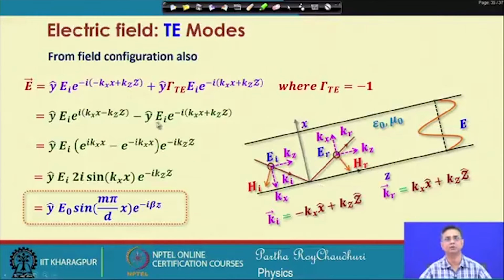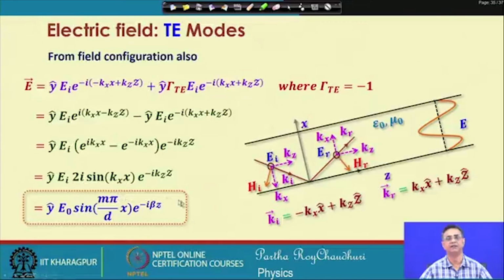So, I take the superposition of these two waves, which you can put together in this form, because e to the power of i k z will be taken out and you are left with this part inside. Now, if you multiply the numerator and denominator by twice i, this expression gives you sin k x x, and k x is already known, m pi by d.